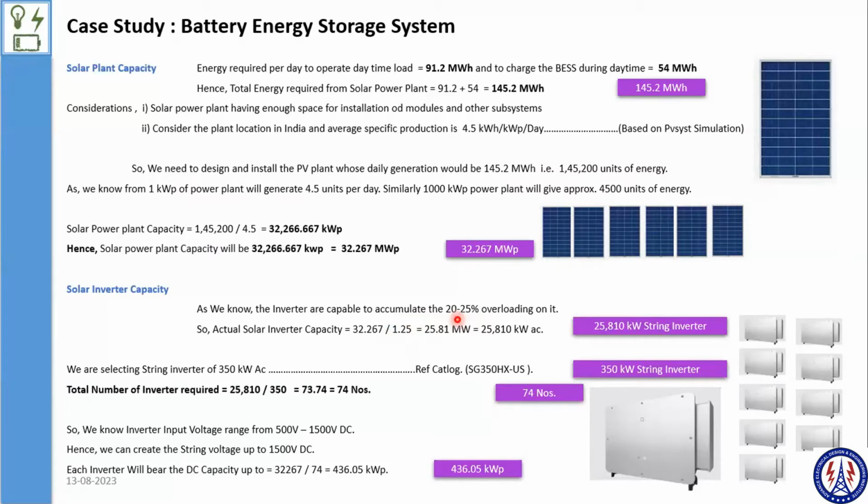This is the ratio you can prefer. Whatever the manufacturer suggests you can apply, and also based upon your understanding and experience. In general, 20-25% overloading is okay on the inverter side. So you can reduce this number also, and it will vary accordingly.